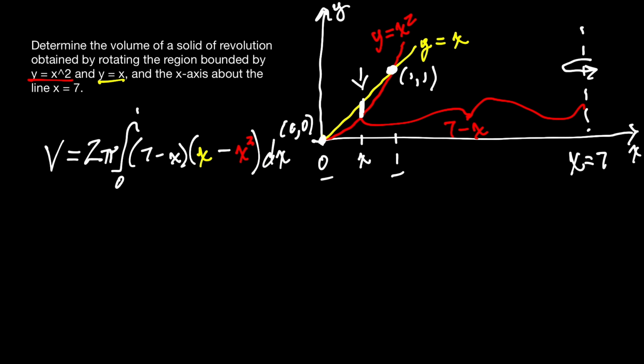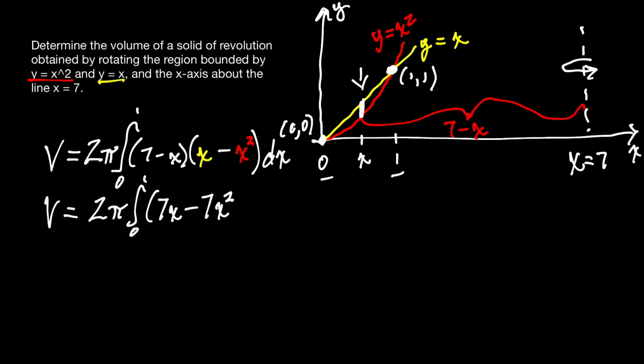So now we have something we can integrate. I'm going to have to FOIL this business right here. So first times first, and then outers, and then inners, and then last times last. So my volume, still going to have this 2 pi here, is the integral from 0 to 1 of, first times first, 7x.